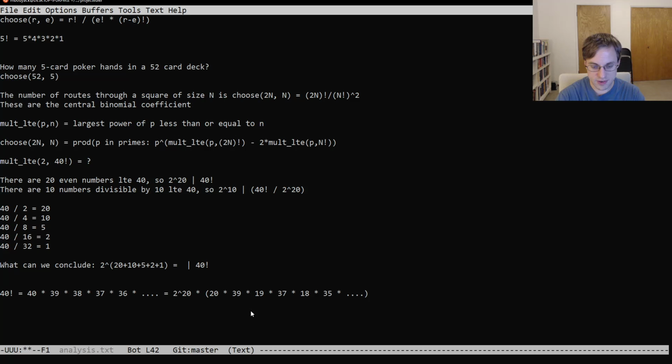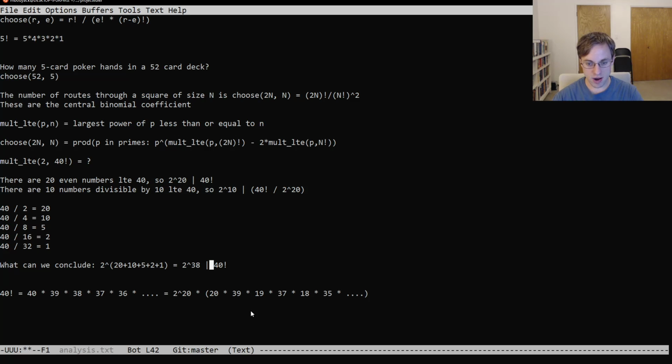Let's see, that's equal to 2 to the 38? Yes, I believe I've done that correctly. So 2 to the 38 divides 40 factorial.